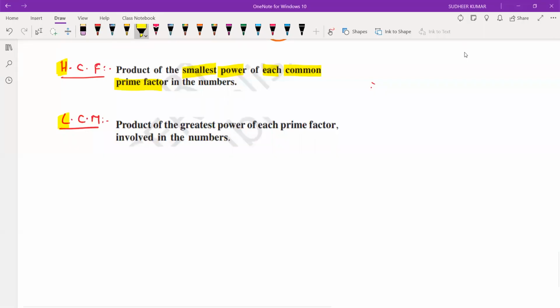Here for LCM, it is the product of the greatest power of each prime factor involved in the numbers. For HCF, a common prime factor is given; here, each prime factor involved in the numbers. If you take the example, you can easily understand the difference between these two.